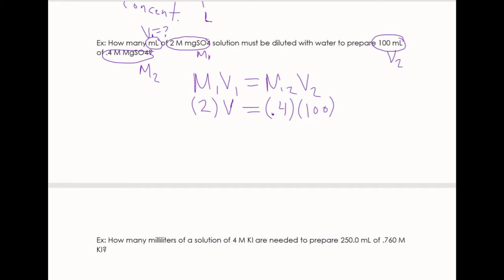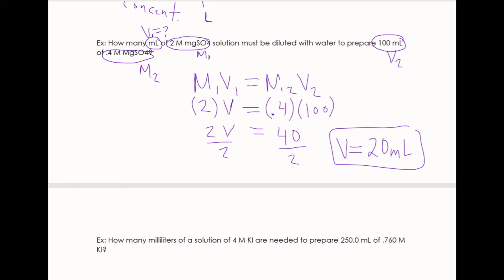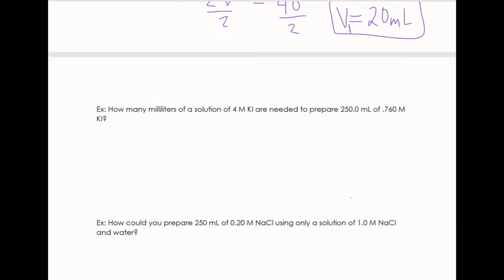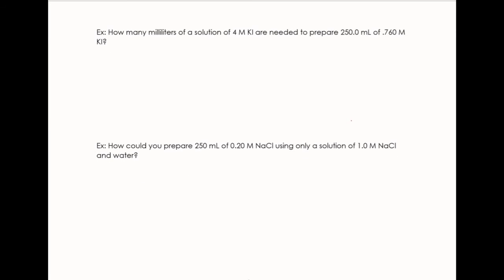Okay. So we're just going to multiply that 0.4 by 100, which will give us 40. And we've got that 2 with the volume, so we're going to divide by 2, divide by 2. So that means that original solution volume was 20 milliliters. Sweet. And it is 1 sig fig there, matching the 100 in the equation to start.